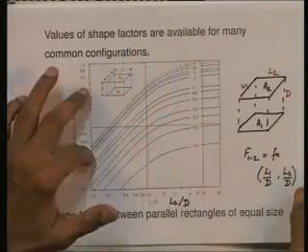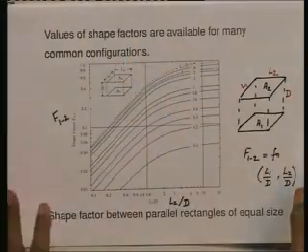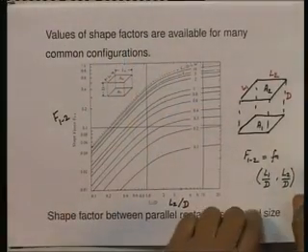Now, this is just one example of shape factor calculations which have been done by somebody else, which are available to us for usage whenever we have to do radiant heat exchange calculations. And such graphs or equations corresponding to these graphs are available for a very wide variety of common configurations, a very large number. Let me show you one more example, so that you get the idea. Here is one more example now.